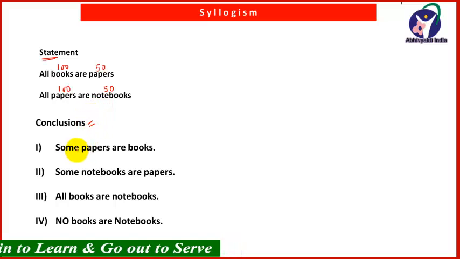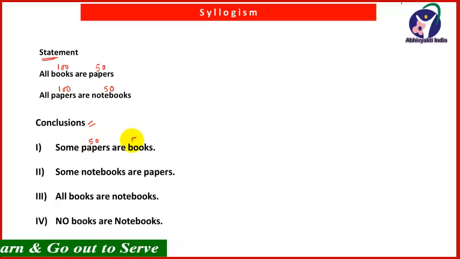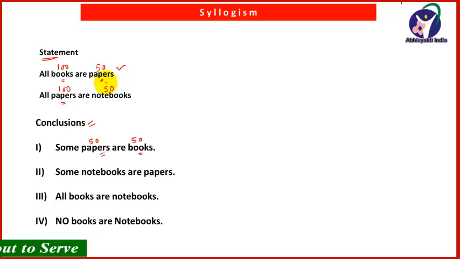Now we will go to the conclusion part. Some papers are books. Here it begins with some, so this will be 50 and this will be 50. Here the relation between papers and books we get in the first statement, so that one statement will be sufficient to reach the conclusion.